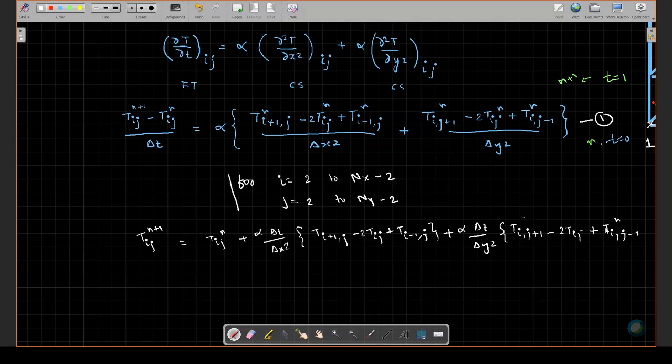All are at nth level. So you have to simply put in the old values and get the new values. These old values, in the beginning, will come from the initial conditions.